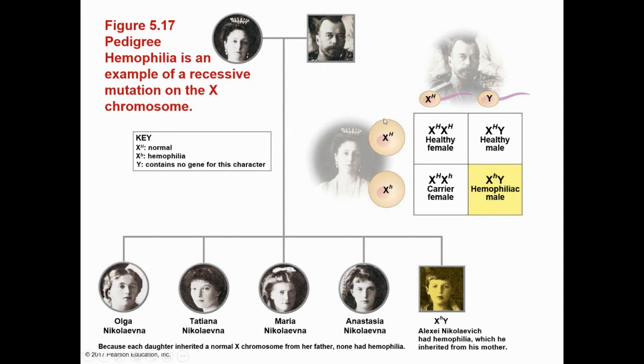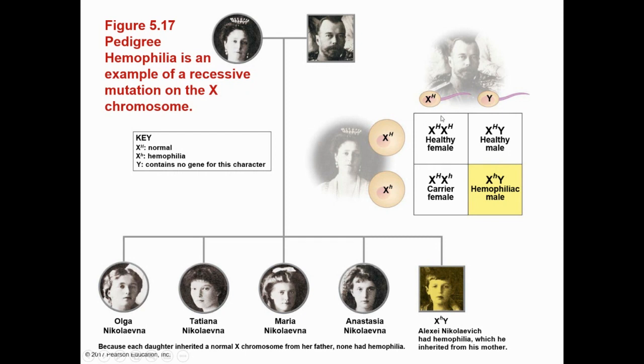So anytime that is the case, we'll want to automatically put XX for the female and XY for the male. We're tracking hemophilia in this case, so we can see the key. The uppercase H is normal, the lowercase h is hemophilia. And so we can see the hemophilia designated as a superscript.